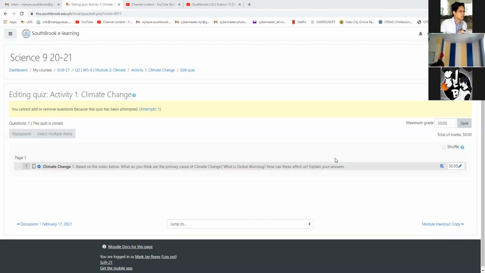It is not actually solid. It is reclaimed. They put some soil there in order to be used. SM City Cebu, the same. So these are just examples of the man-made disasters that they actually create to destroy nature. Okay, we cannot blame that one.